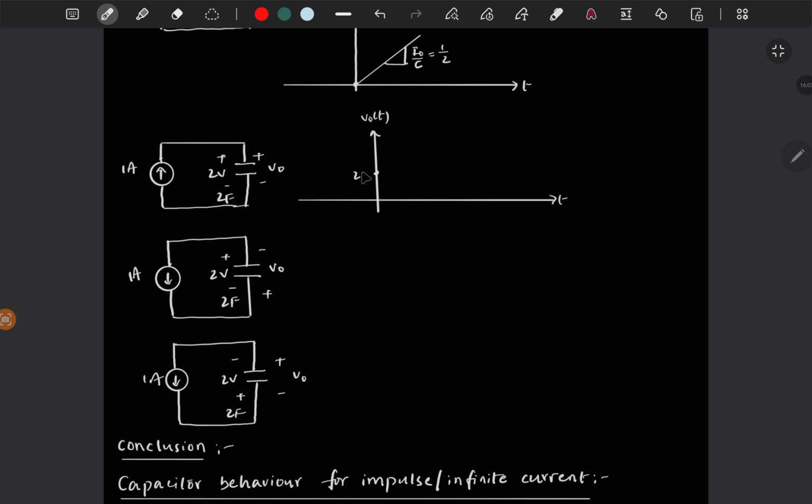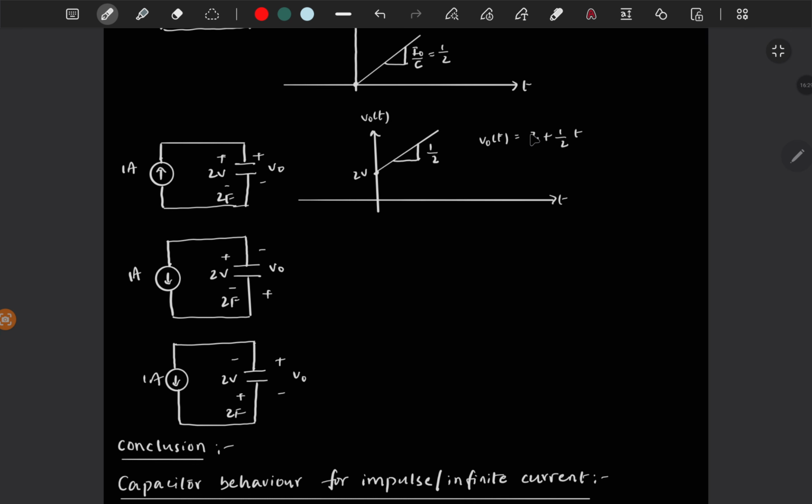Since we are pumping constant current, the voltage will start charging up linearly, and the slope is I by C, which is 1 by 2. So if you write the equation here, the initial voltage is 2 plus I naught by C times T.